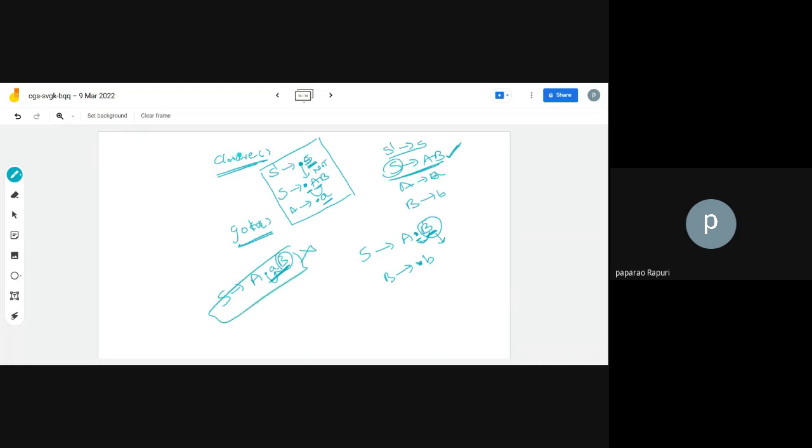So this is closure. And coming to goto, it means moving the dot one position towards right.